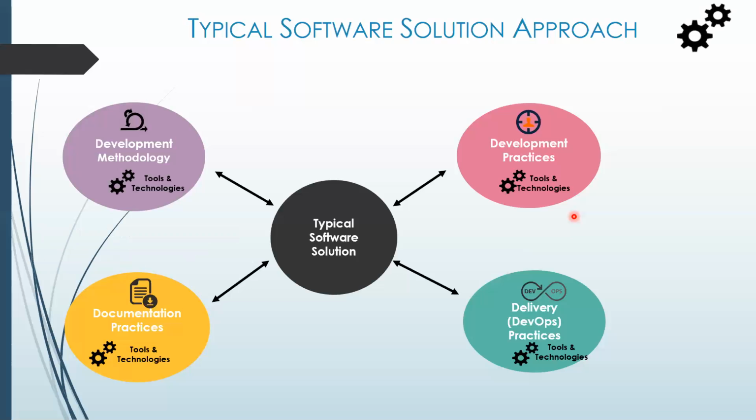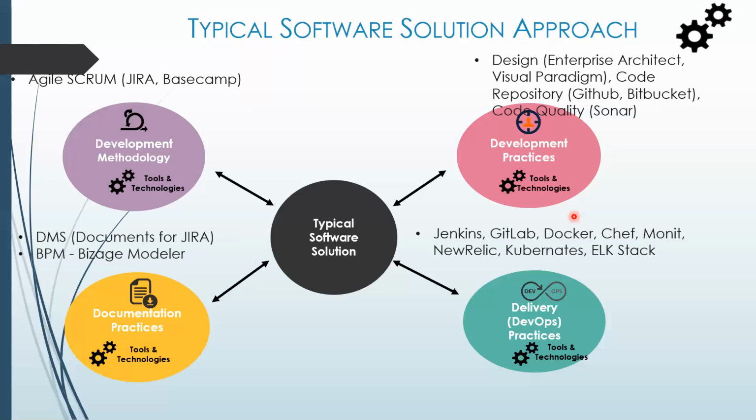If we think about the tools and technologies, we can think about different tools and technologies in development. We can use Agile Scrum with Jira, Basecamp kind of tools. You know that Jira is very famous, a comprehensive application which fully provides agile scrum practices and development methodologies.